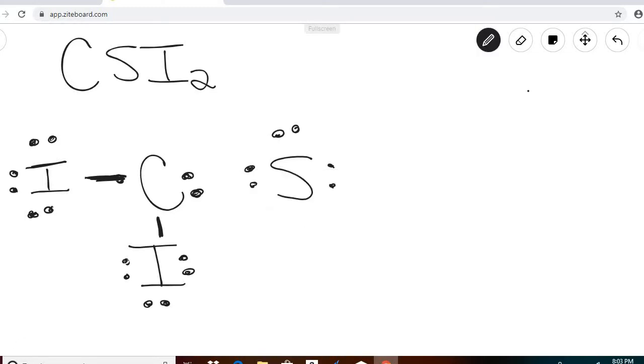And then these can share those and create a double bond there. And so carbon now has 2, 4, 6, 8 electrons. The iodines have 8, and this sulfur has 2, 4, 6, 8 valence electrons.